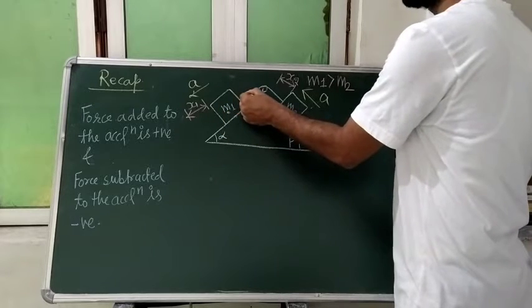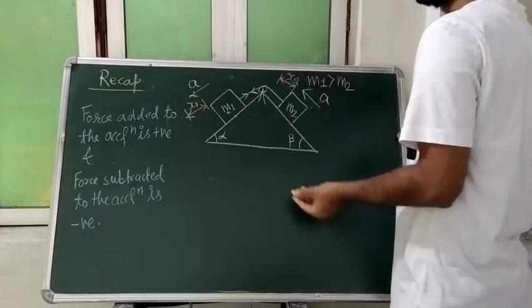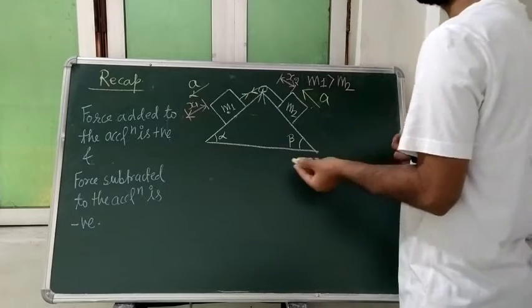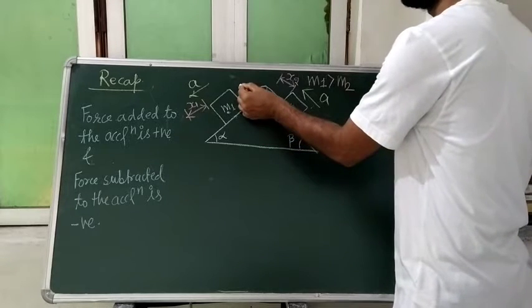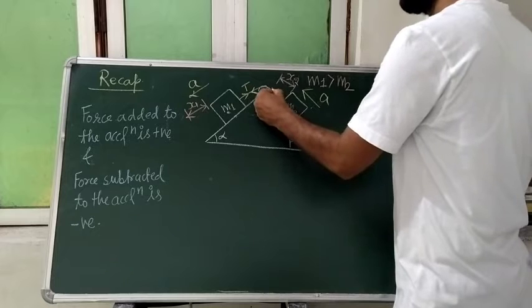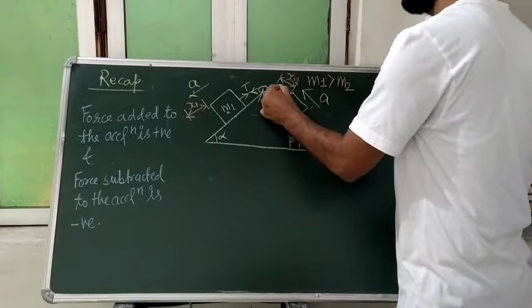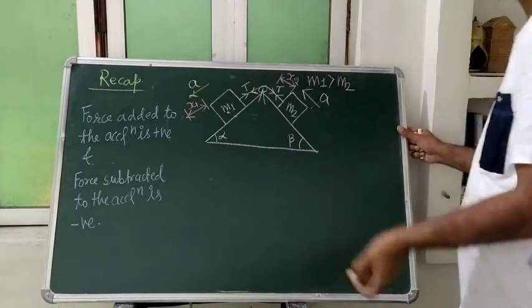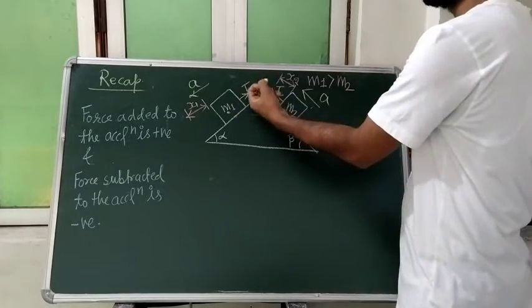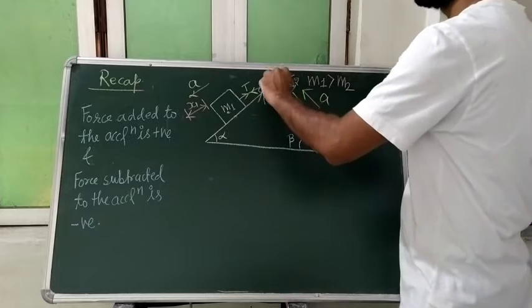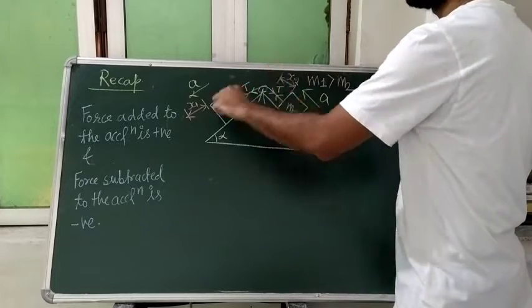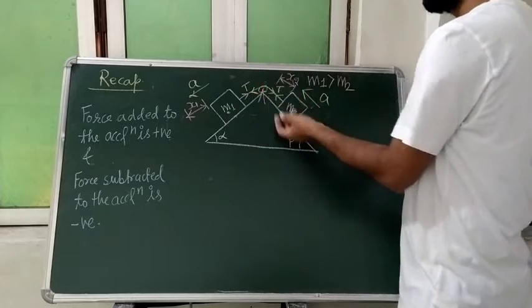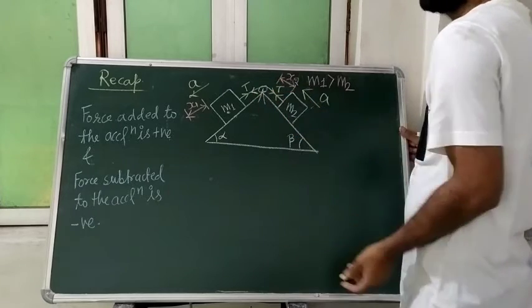Tension will be the same, since the pulley is considered frictionless and massless, so the tension is the same at both ends, and we represent it by some capital T. For the object of interest M1, it will have the pulling effect in this way. For the object of interest pulley, it will be in this way, it will come in pairs. Here also the same thing will happen.